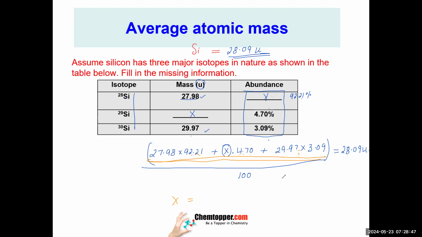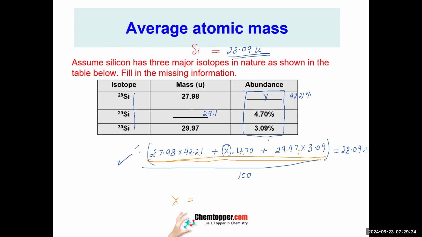Okay, Amodita is saying 29.1 and Akash is saying 29.0. What about you, Mayank? Are you getting the same answer? 29.0, 29.1?